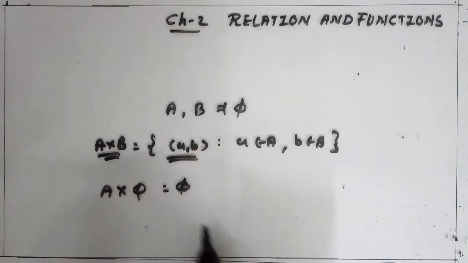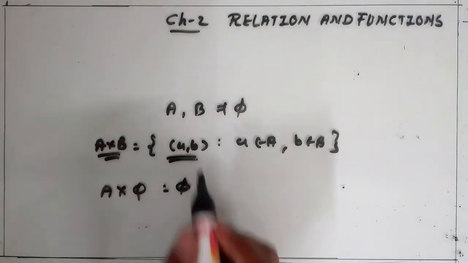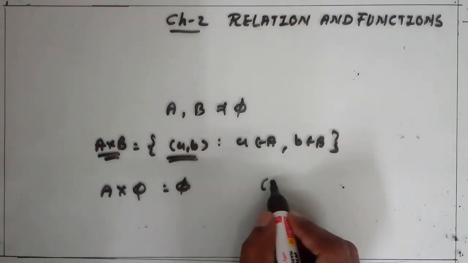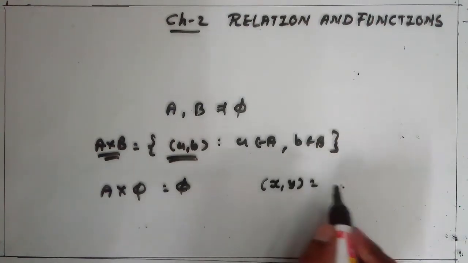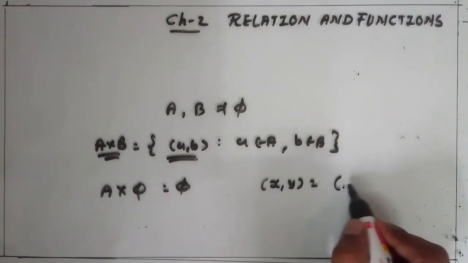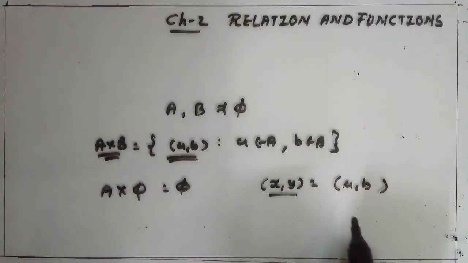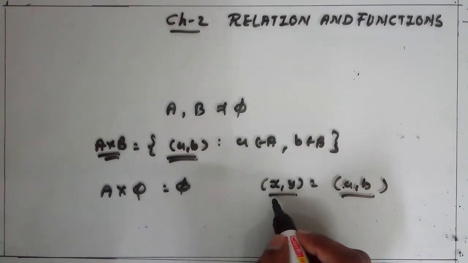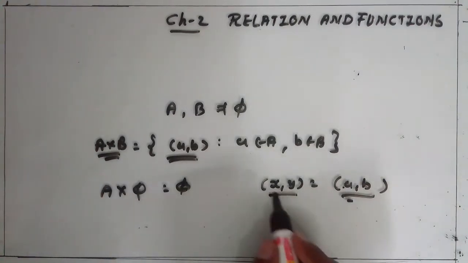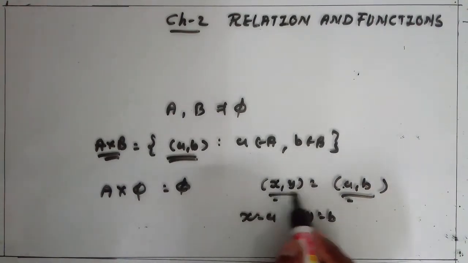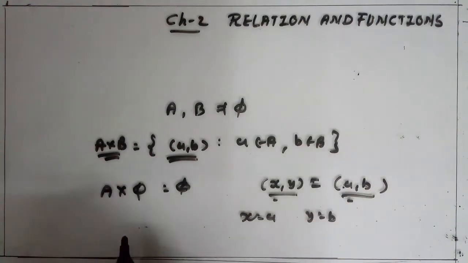Now equal ordered pairs, remember this. Which two ordered pairs are said to be equal? The ordered pair (a, b) and the ordered pair (x, y) are said to be equal if corresponding entries are equal, that is first entry equal and second entry equal.